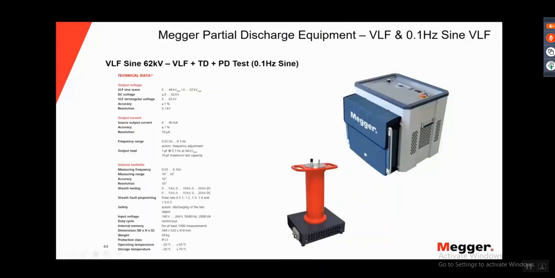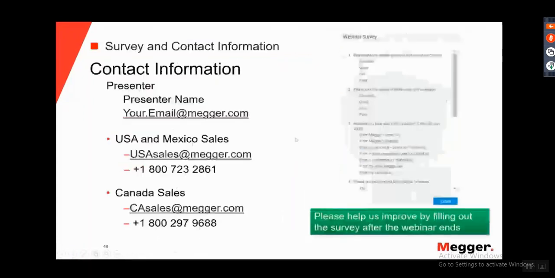This is the biggest sinus VLF we have, and it is a very nice unit because the cable is integrated in the unit, also the partial discharge, so it's a very convenient unit. And with this, I think that is all I have for you guys, so I'm ready to take some questions if you have any.